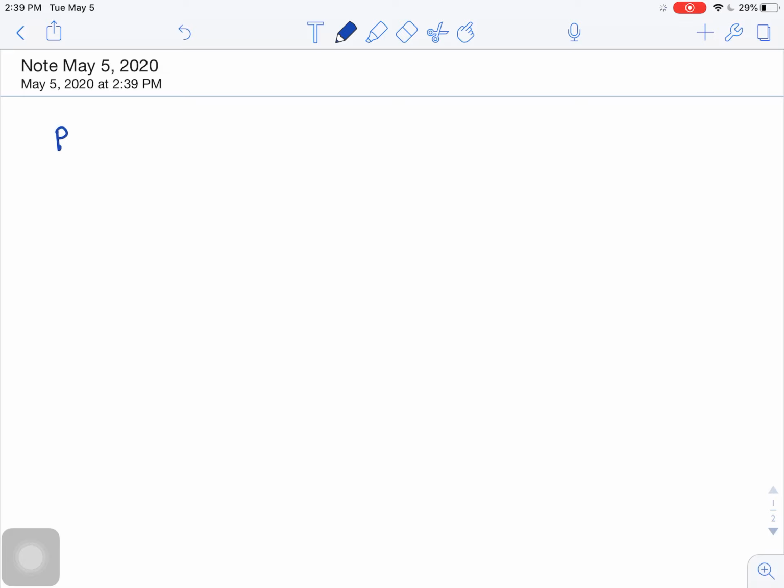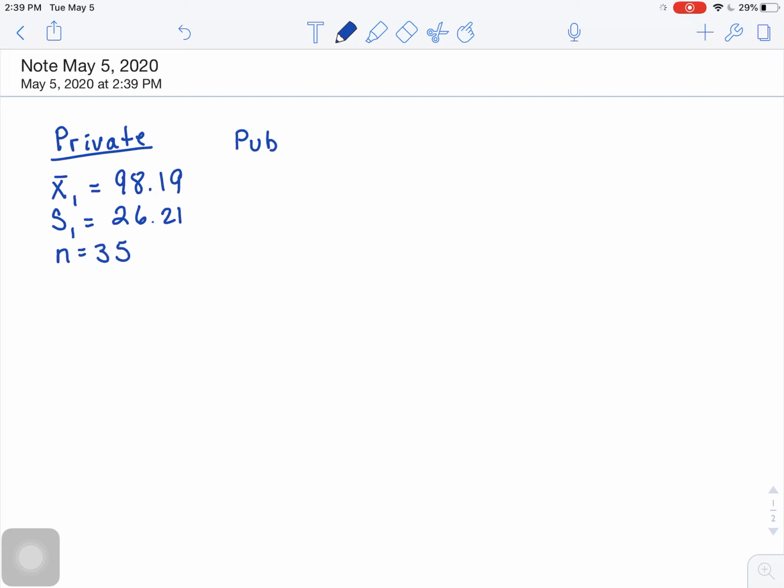I'm just going to write down our differences. We have the private: your sample average is 98.19, the sample standard deviation is 26.21, and the sample size is 35.